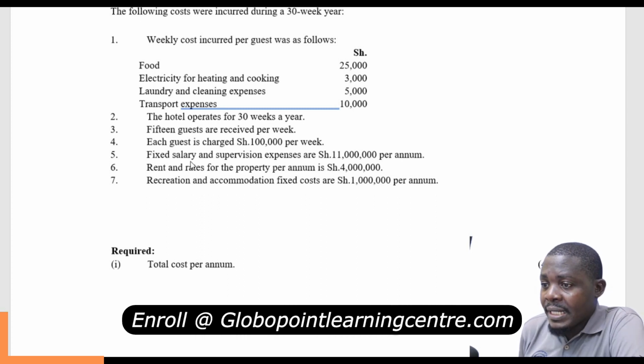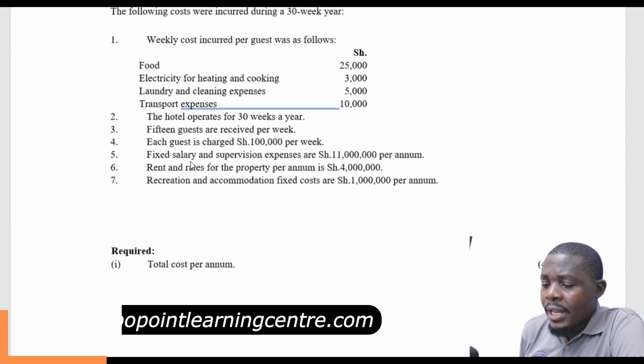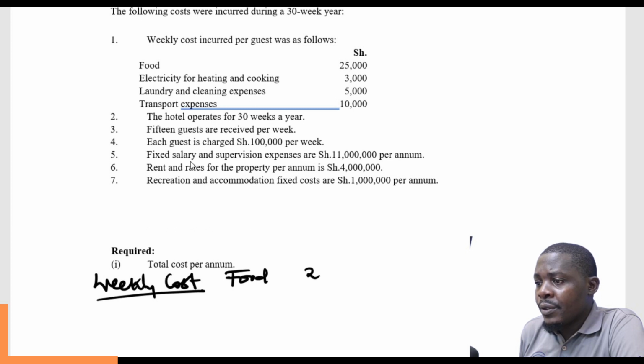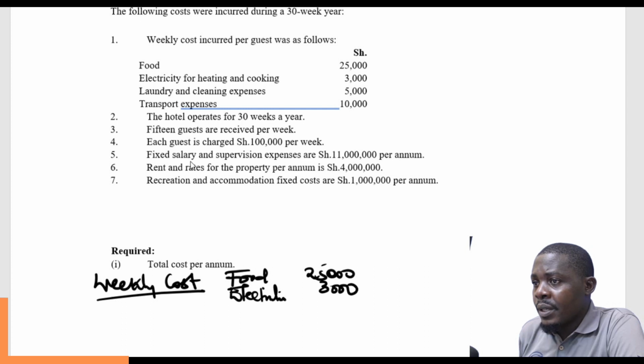Weekly cost: we had food, 25,000. Electricity, 3,000. Laundry, 5,000. Transport, 10,000.